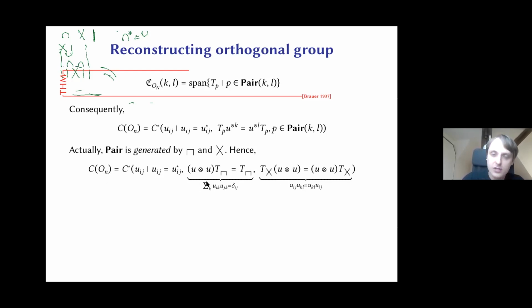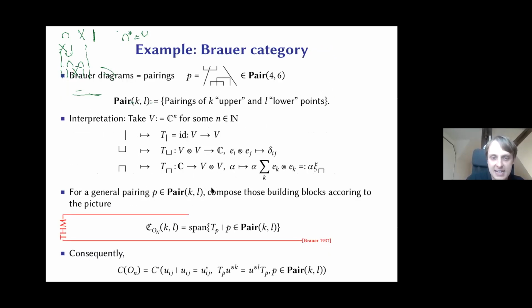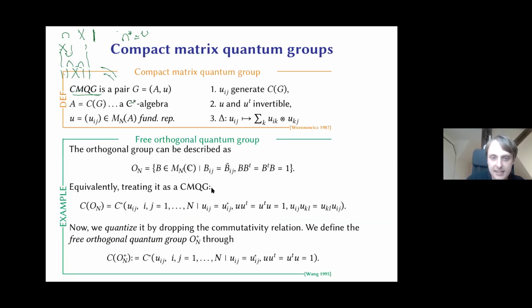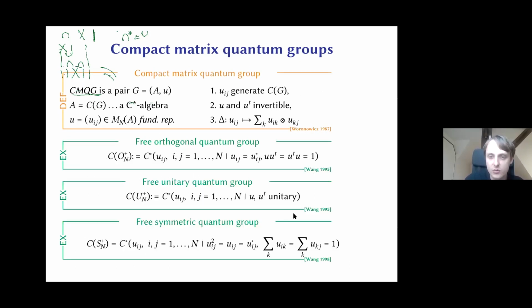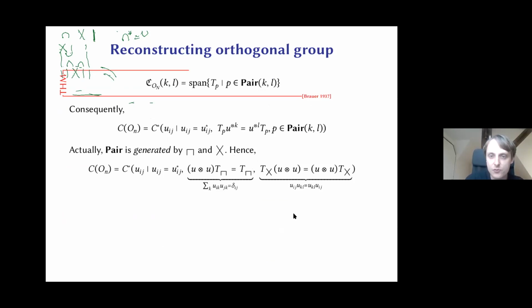And if I look at what exactly those relations are, if I use the definition and write this down, then you will find out that this one is exactly the orthogonality, and this one, I already said, is exactly the commutativity. So here I obtain exactly the same definition as I had here.